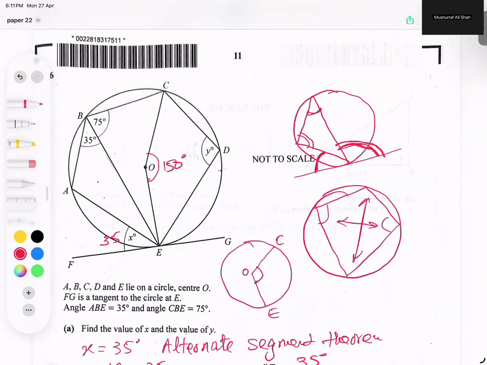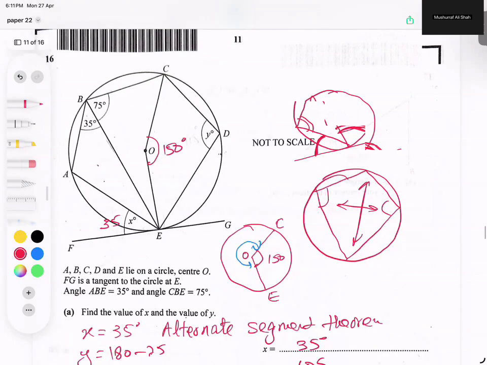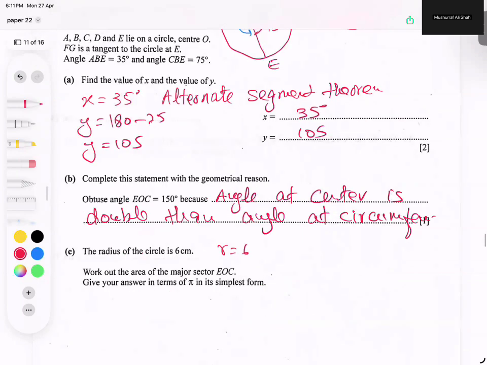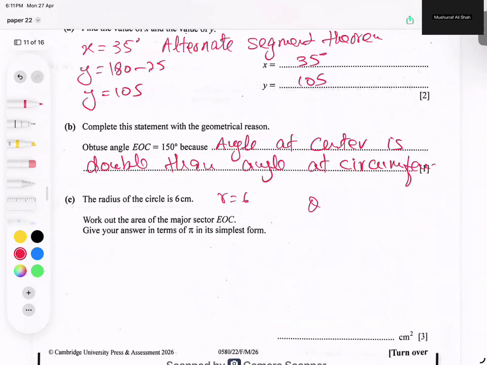This is called minor. And the other is called major. So this is the angle we have, 150 already. But I need the other angle. Other angle, student, means the other one. 360 minus 150. Okay, if I subtract, I get 210 degrees.